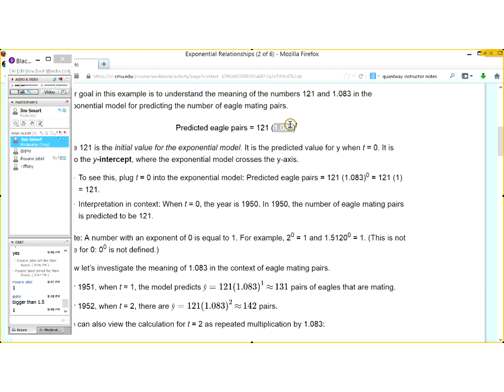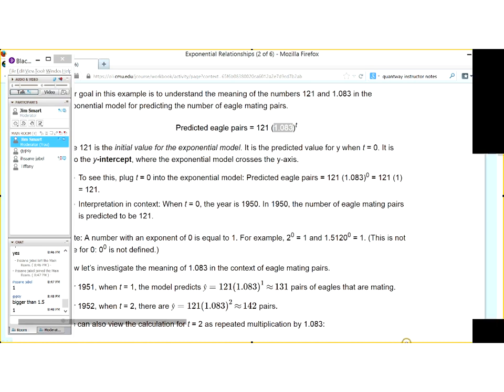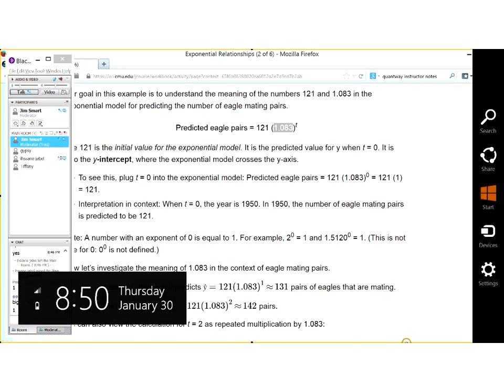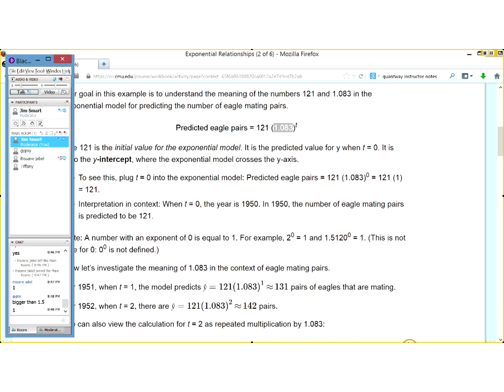Once this comes up, it's loading up quite slowly. I might be taxing my system a little bit here.